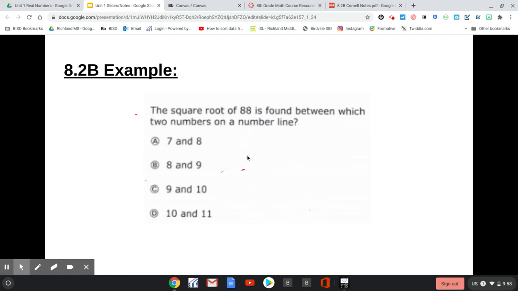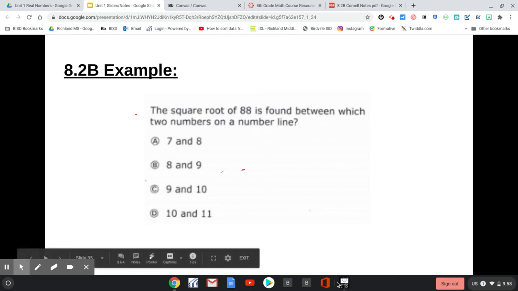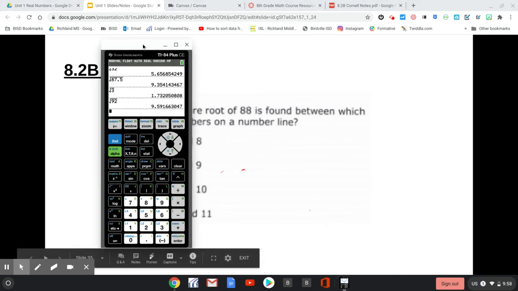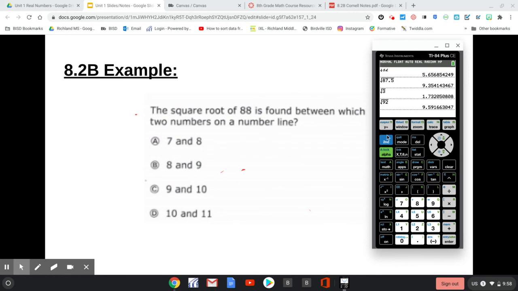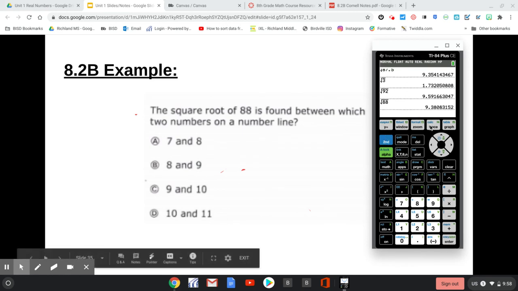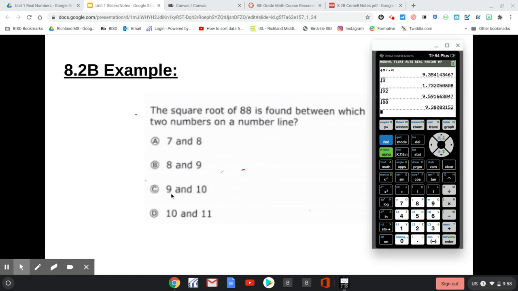Let's see. Here's another one. Square root of 88 is found between which two numbers on the number line? So square root of 88 is 9.38, so therefore it's between 9 and 10.